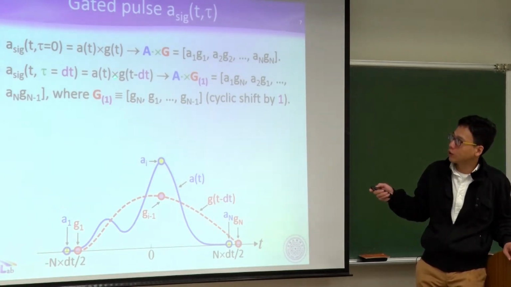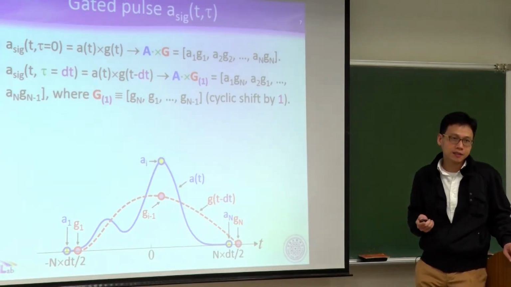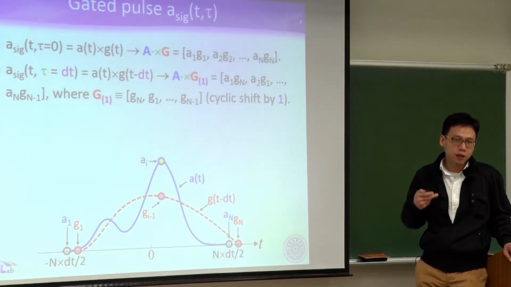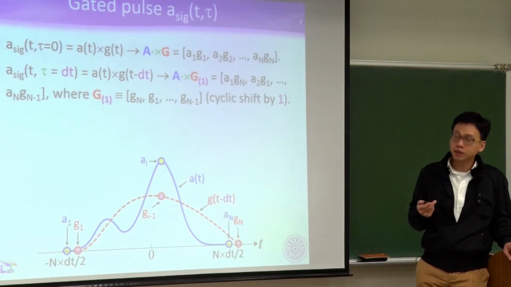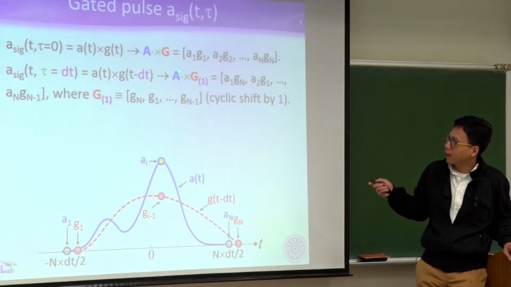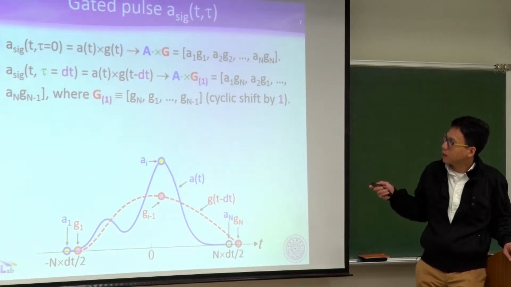So you have A of t times G of t minus dt. But what's the case numerically? The vector A remains, but this time you have to perform term-wise multiplication with respect to G sub 1. What is the meaning of G sub 1? It's defined here.